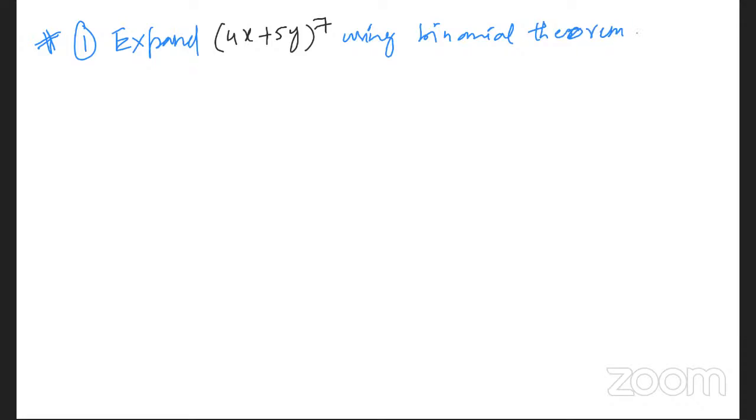Expand (4x + 5y)^7 using the binomial theorem. Okay, this is how the question is framed.